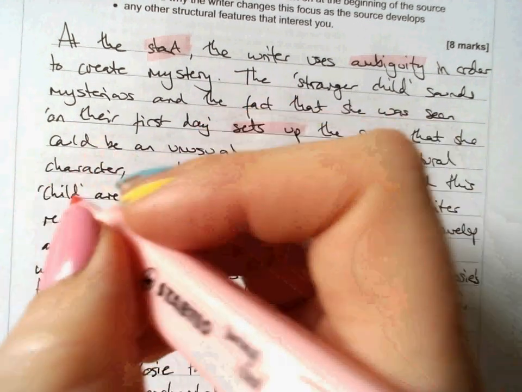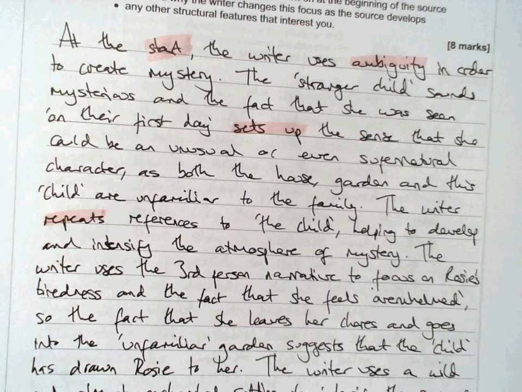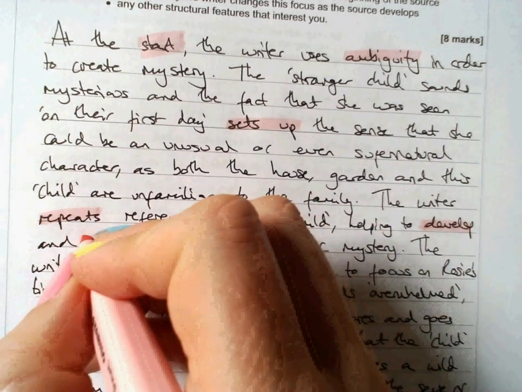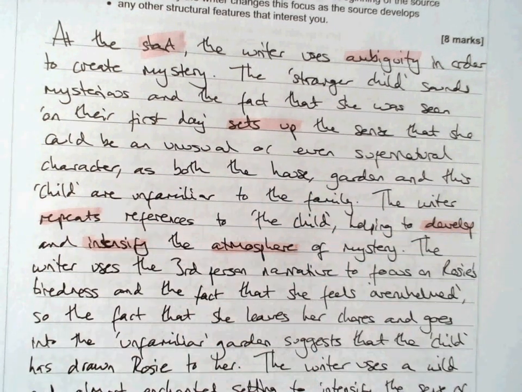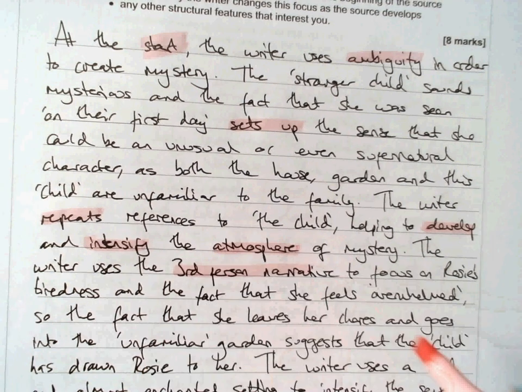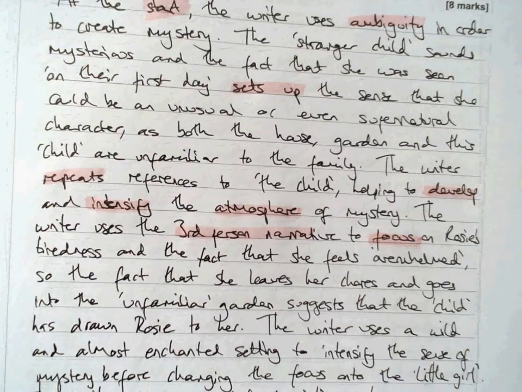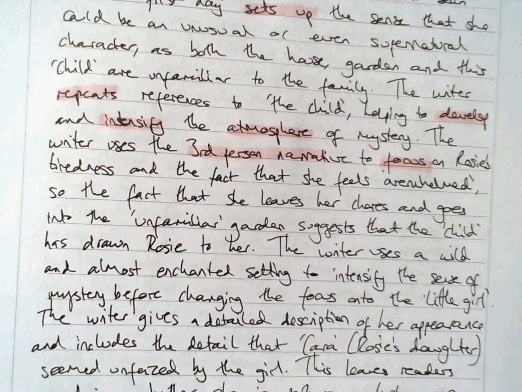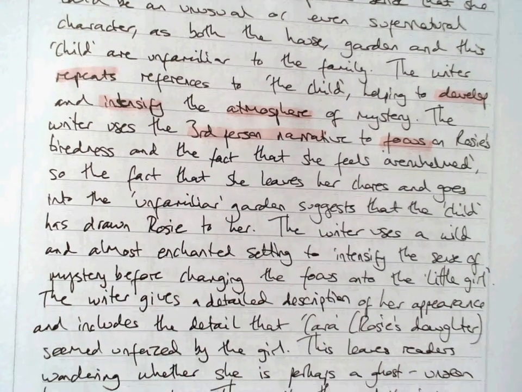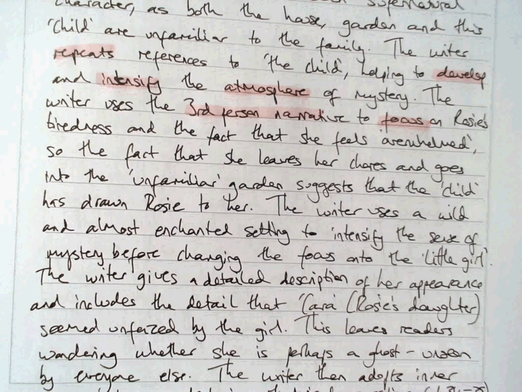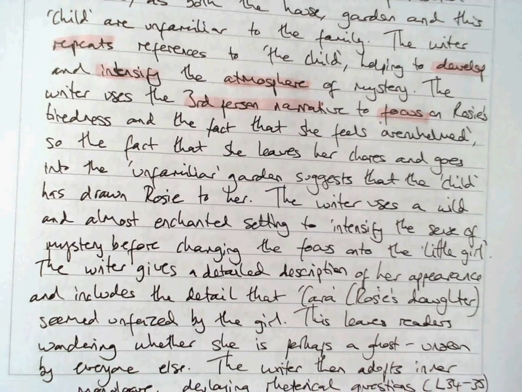The writer repeats references to the child, helping to develop and intensify the atmosphere of mystery. The writer uses the third person narrative to focus on Rosie's tiredness and the fact that she feels overwhelmed. So, the fact that she leaves her chores and goes into the unfamiliar garden suggests that the child has drawn Rosie to her.